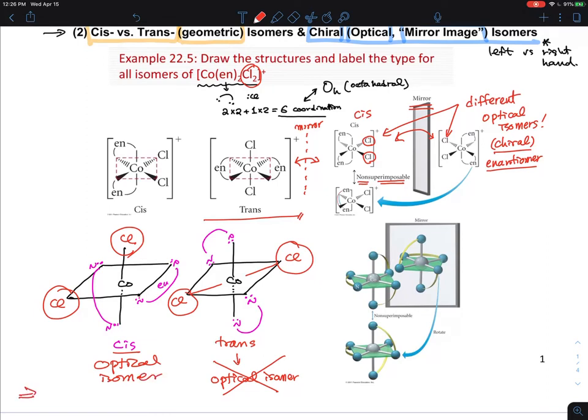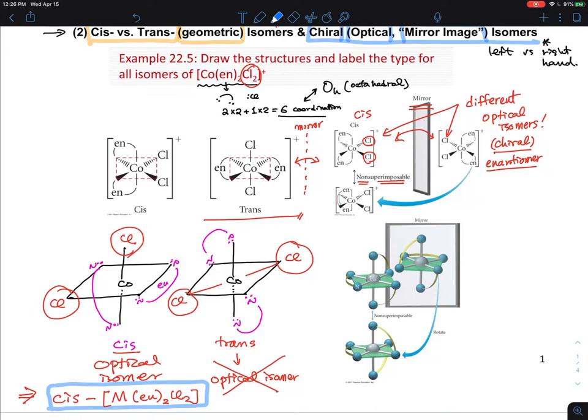So therefore, it is only the exception of the cis metal complex with two ethylene diamine and two chlorine, dichloro. For this complex, an optical isomer is possible. So I think you should remember this for the sake of preparing for the exam. That's a good thing for you to know.